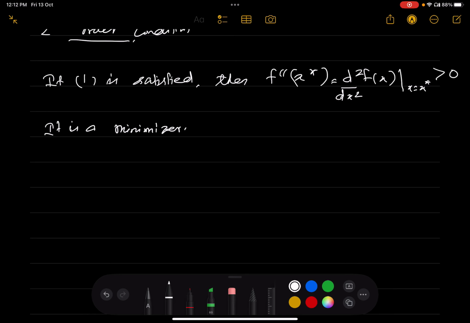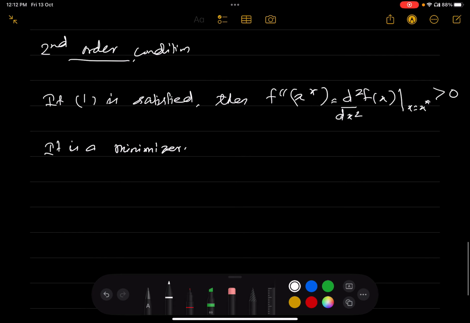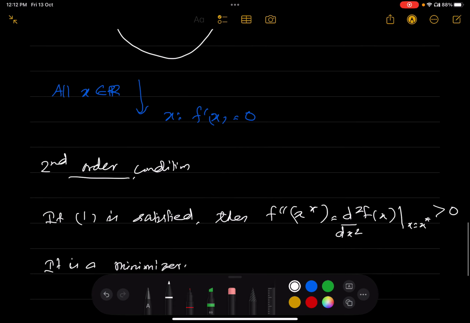So let's try to understand this. We had all the points in the domain of a particular function f of x. We're trying to find out which are the minimizer points. So we have narrowed it down to the set of points where the first derivative of that function is 0. This is the first order condition.